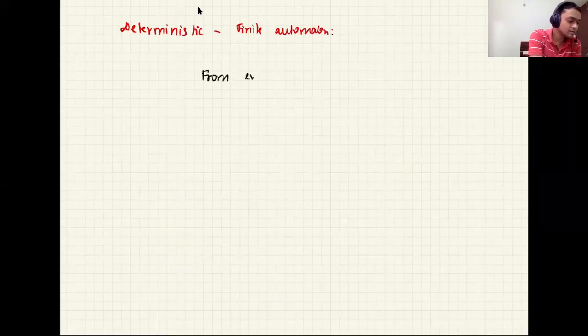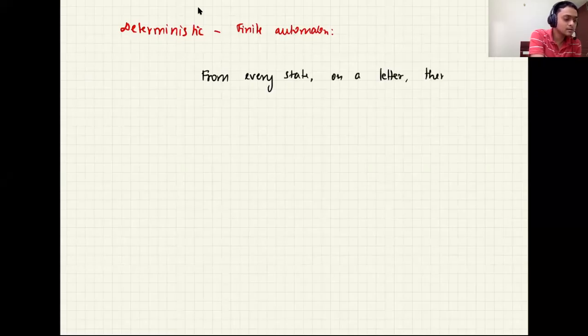In a deterministic finite automaton, why are we calling it deterministic? From every state, on a letter, there is a deterministic choice. You do not have two choices.